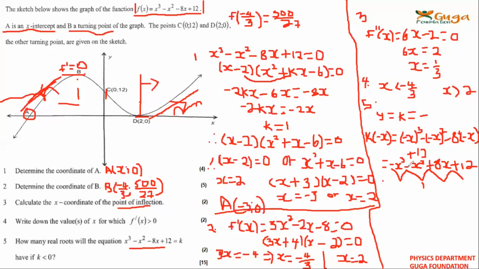So the only change is from negative to positive. So therefore, within that, how many real roots can we say there are? We say one real root.